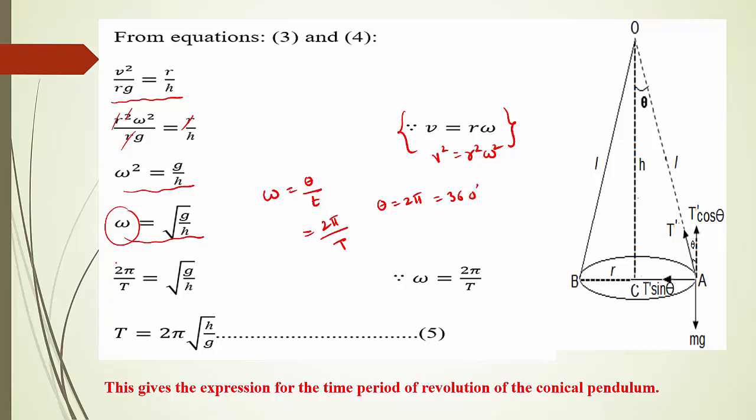So in place of omega we can write 2 pi by T equal to square root of g by H. Or T equals 2 pi into root of H divided by g. This gives an expression for the time period of revolution of the conical pendulum. This is just one example of horizontal circular motion.